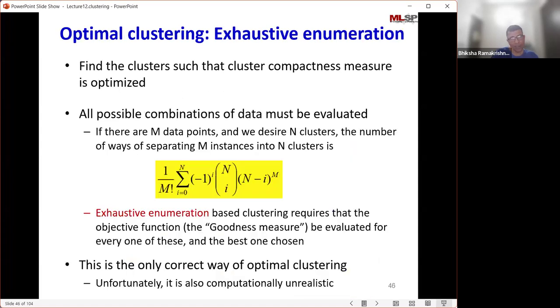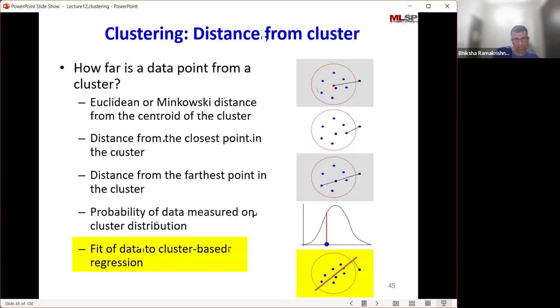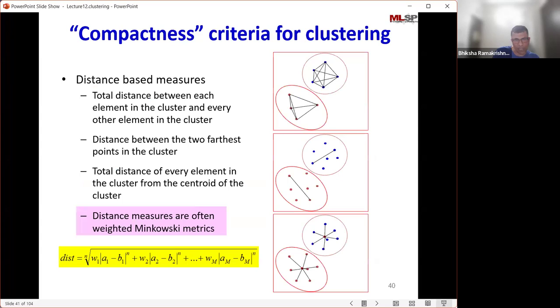Okay. So now, when I'm finding the optimal clustering, how would I do it? I'm going to look at all of my data points here, and I'm going to try to hypothesize every possible way of clustering these.